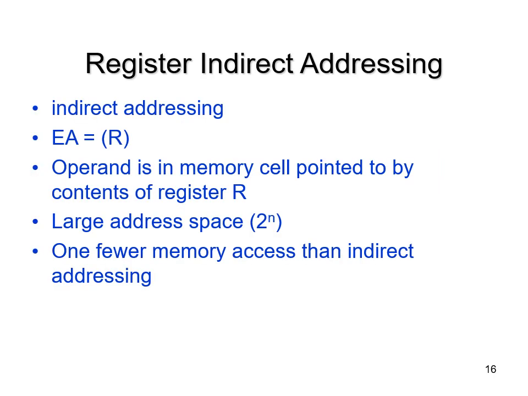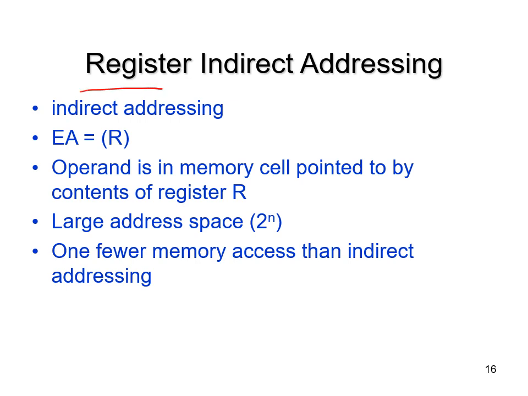Now we have indirect addressing. Now how can we improve the performance? You can easily think that if we replace one of the memory accesses in indirect addressing by register addressing, then we can speed up the performance. So we have register indirect addressing.